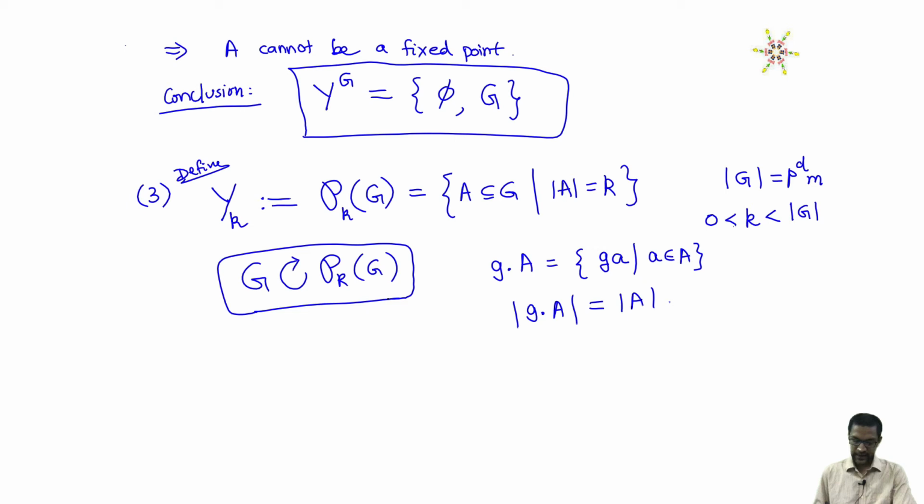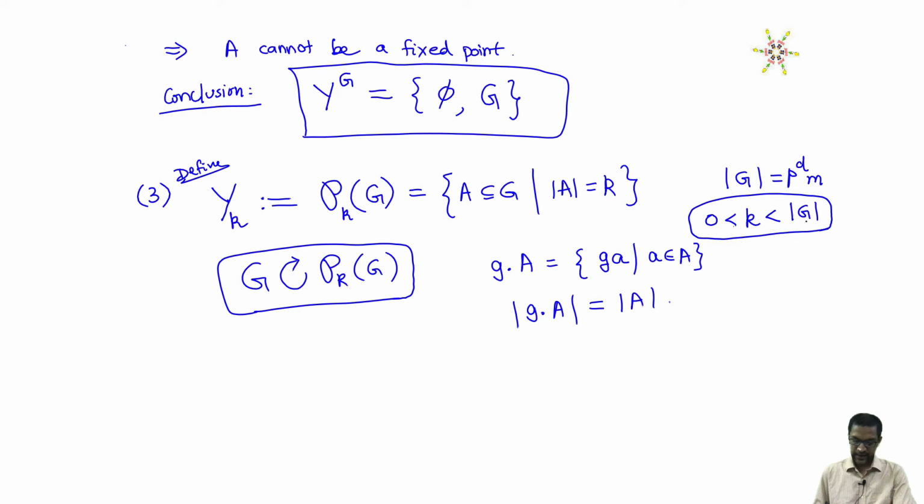Okay, and now observe that if k is strictly between 0 and the cardinality of G, what does that mean? It means that the subsets A that I am considering here, so P_k(G), if I took k equal to 0, then P_0 contains only the empty set.